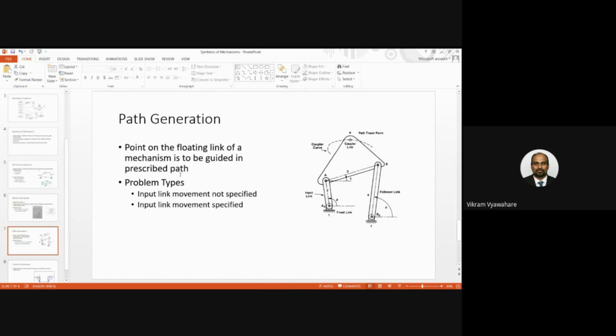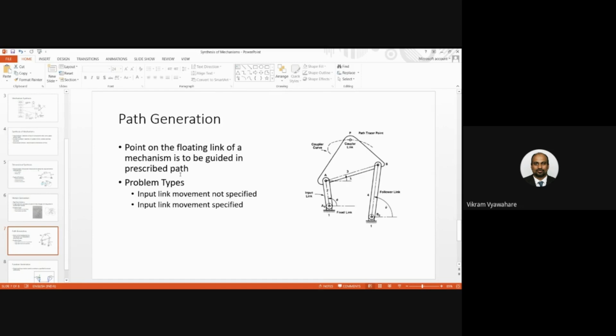The next type of problem is called the path generation problem. Let us say you have a prescribed path, that is a coupler curve, and you have the points on the curve, and you would like to design the mechanism that would follow it.